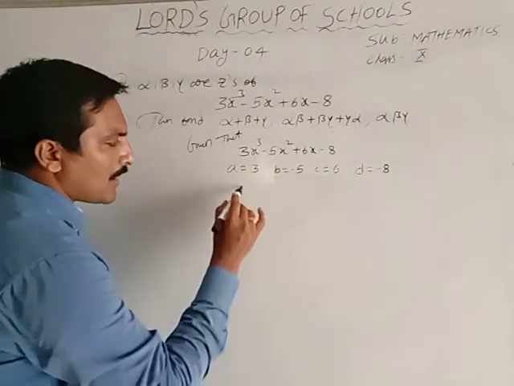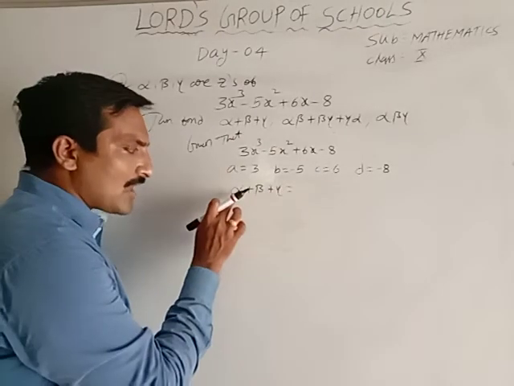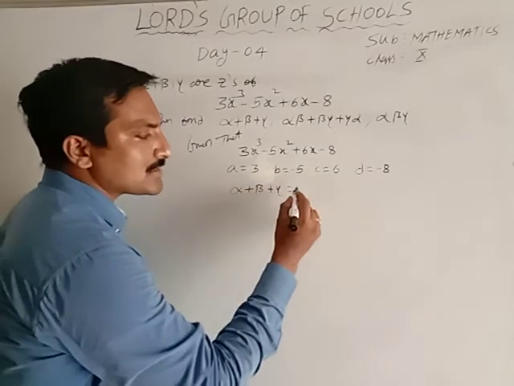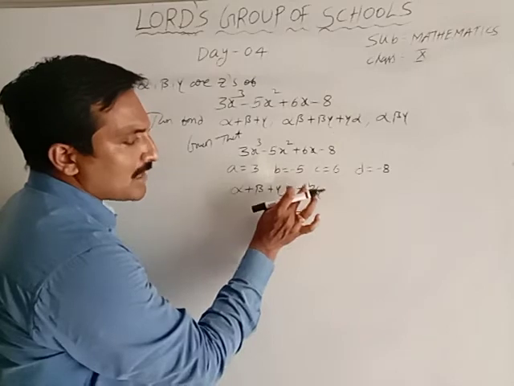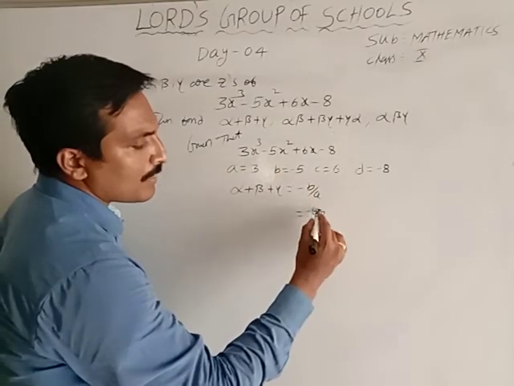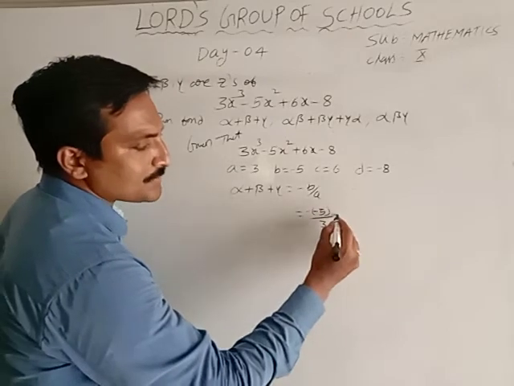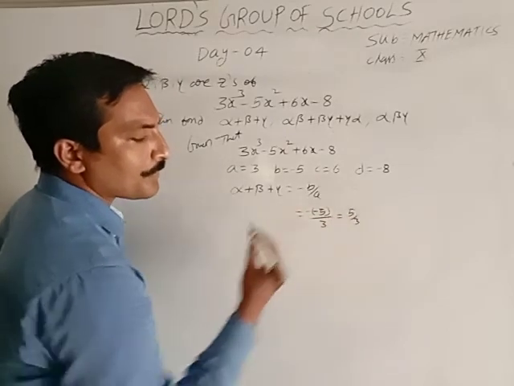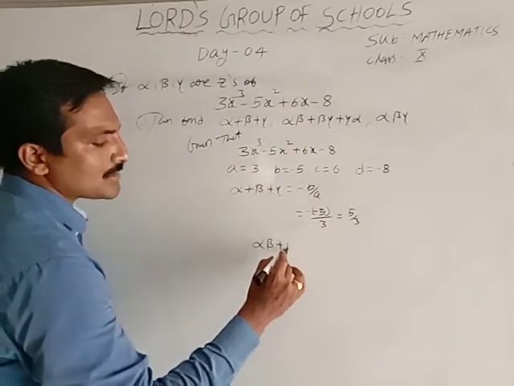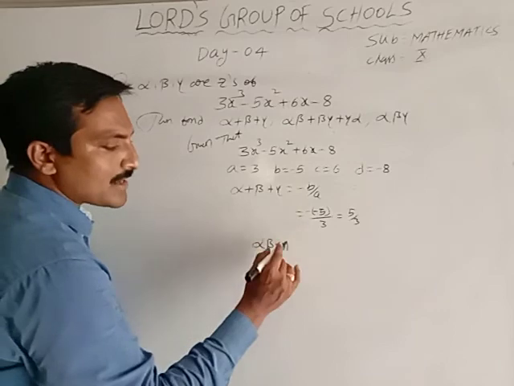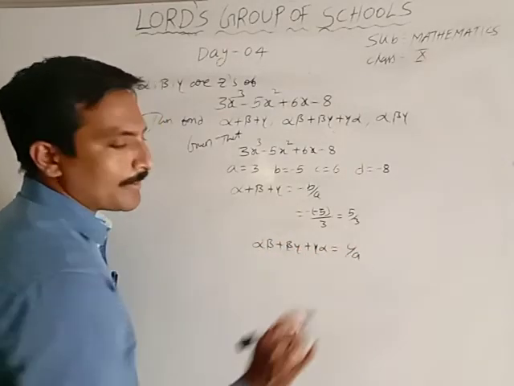If we want alpha plus beta plus gamma, as I wrote previously, it is nothing but minus b by a. In place of b put minus 5, and in place of a put 3. Minus into minus gives plus 5 by 3. Next condition, alpha beta plus beta gamma plus gamma alpha is equal to c by a.